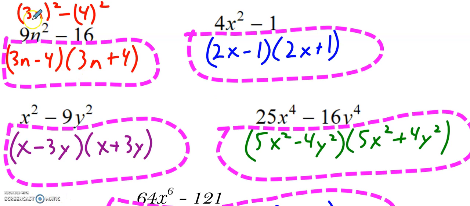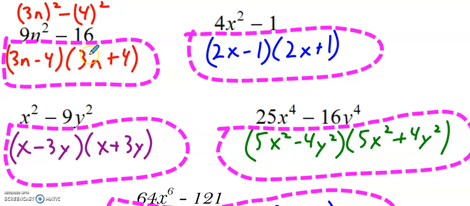All right, so for the first one, I broke it down here just so we can see that pattern a little bit better maybe. So we had 9n squared minus 16. Well, 9n squared is actually parentheses 3n quantity squared. And then 16 is 4 squared. So I know my a and my b, in air quotes, are 3n and 4.